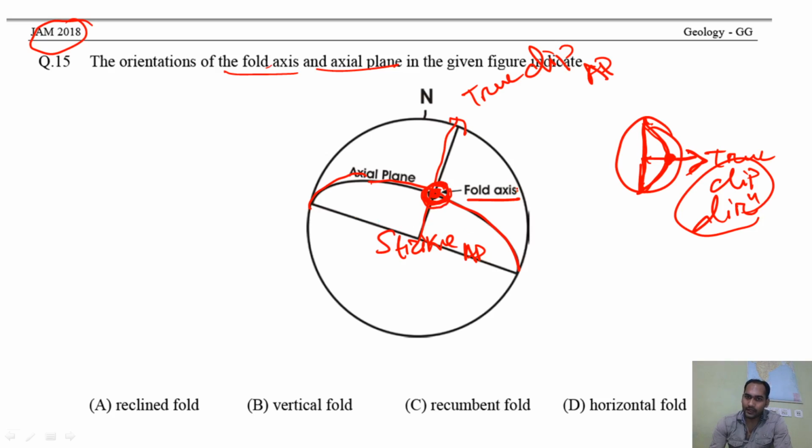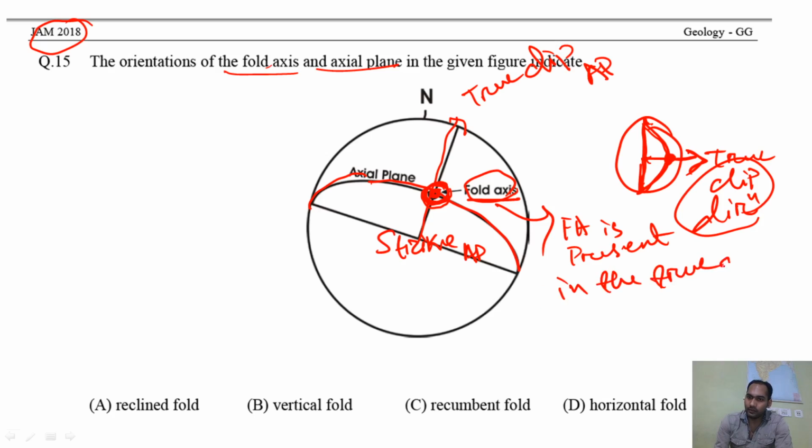The fold axis is present in the true dip direction of the axial plane.